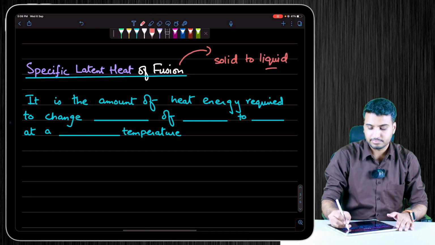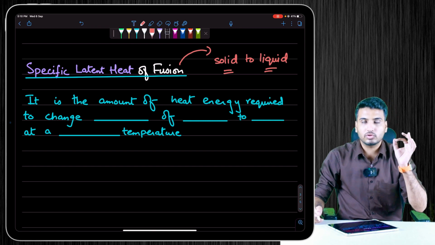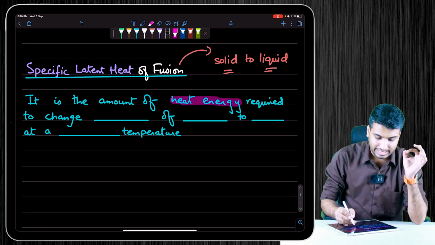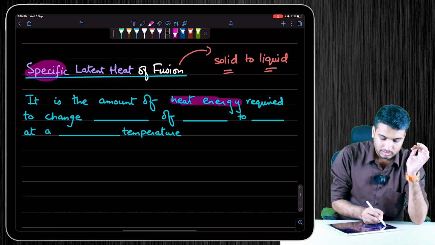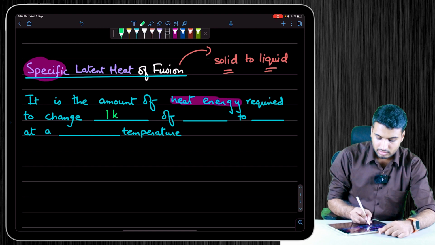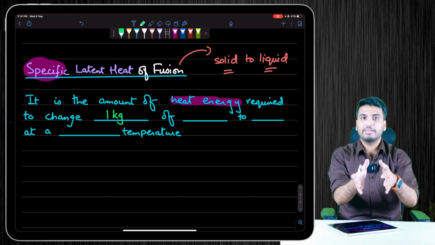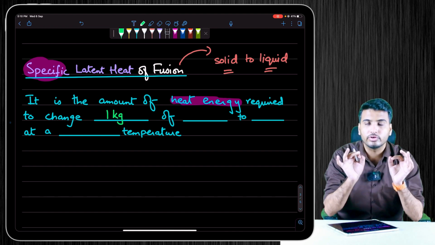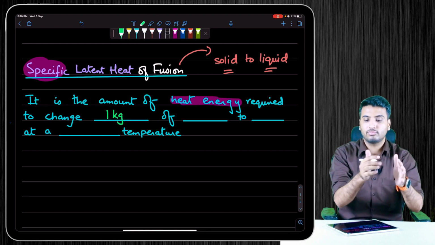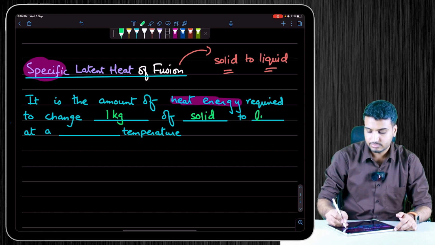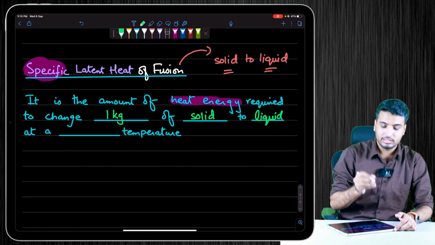So its definition would be: it is the amount of heat energy required to change 1 kg of a substance, and instead of one form to another, we now write from solid to liquid, at a constant temperature.